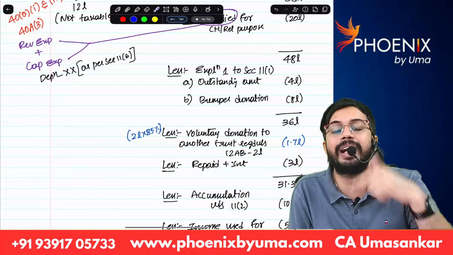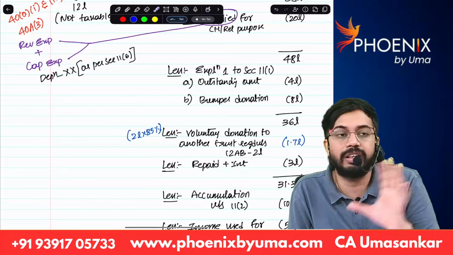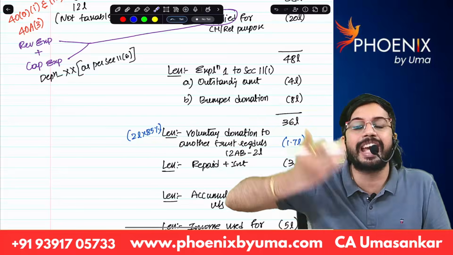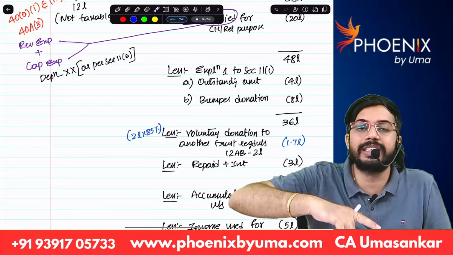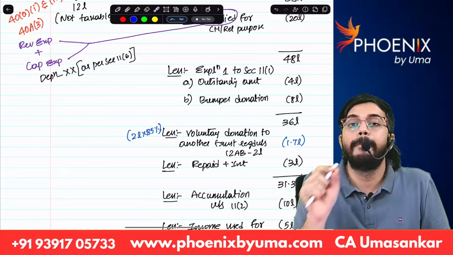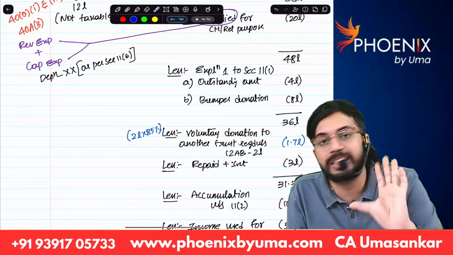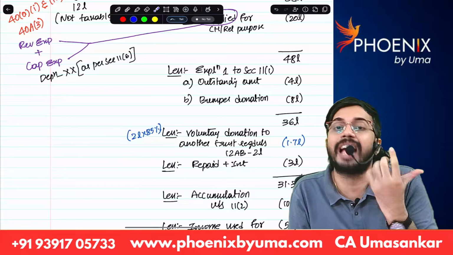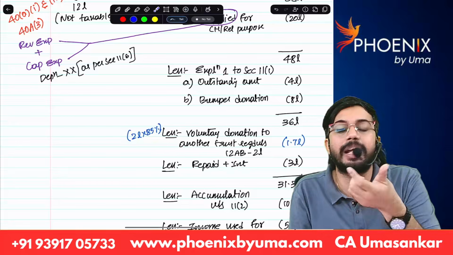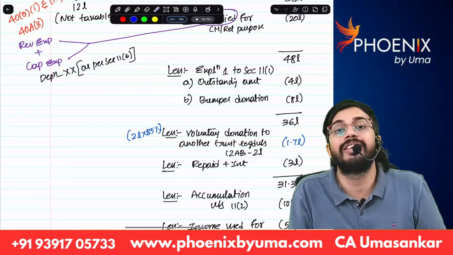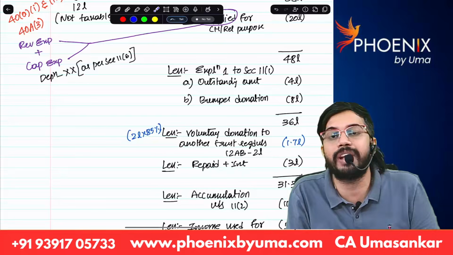Then whatever money is spent is fine. For example, in 27-28, I got 4 lakhs. I should spend in 27-28 or 28-29. By end of 28-29, 2,50,000 is spent, 1,50,000 is unspent. Whatever the unspent amount is at the end of 28-29, that is taxable at the rate of 30% under section 115BBI.